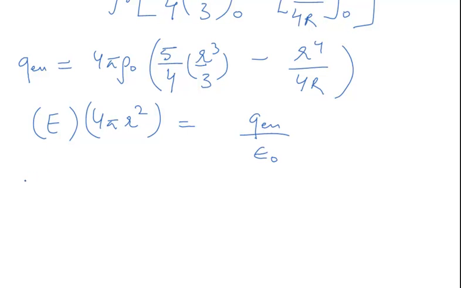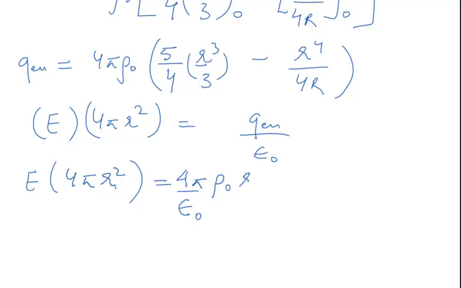Now if you substitute the values, E into 4 pi r square equal to Q enclosed, that is 1 upon epsilon naught, and we have 4 pi rho naught, and from this r cube and this r to the power 4, we can take r cube as common. The 4 can also be taken out, so we will get 5/3 minus r/R.